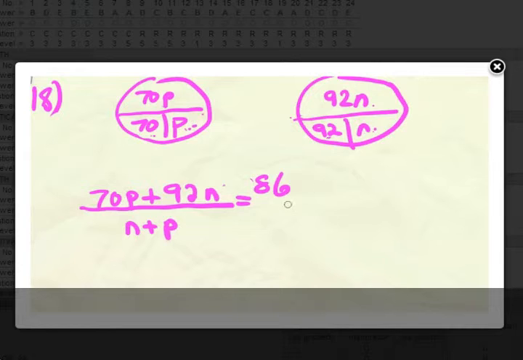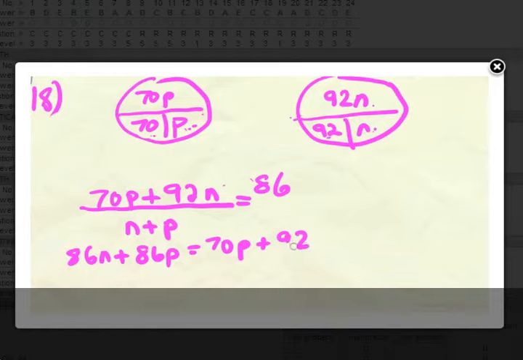And now we can cross multiply. So we get 86N plus 86P equals 70P plus 92N. And now let's get rid of some stuff. Let's subtract 70P from both sides. This becomes 16P. And let's subtract 86N from both sides, and this becomes 6N.